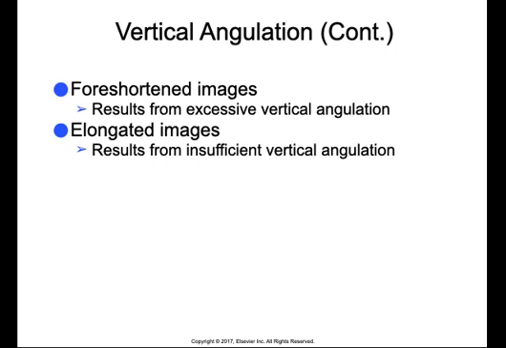Always remember that when the open end of the PID is pointing downward, the PID has a positive angulation. And when the open end of the PID is pointing upward, the PID has a negative angulation. These are things that you'll want to understand if you're going to be using the recommended vertical angulation, which is listed here.